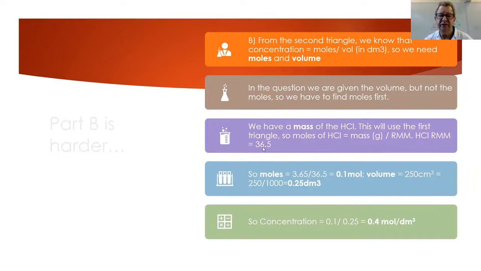The HCl RMM is 36.5, so it's 3.65 over 36.5, which is 0.1. If the volume is 250 cubic centimeters, that's 250 over 1,000, which is 0.25. So the concentration is the moles over the volume, 0.1 over 0.25, which is 0.4. If you got 0.4, fantastic. If you didn't, stop it and have a look.